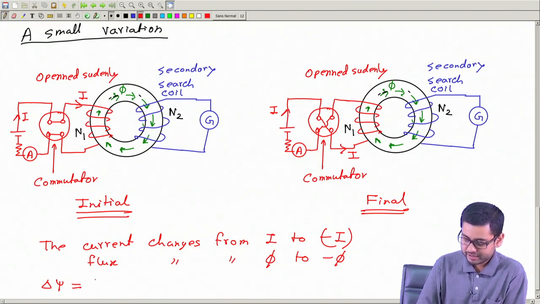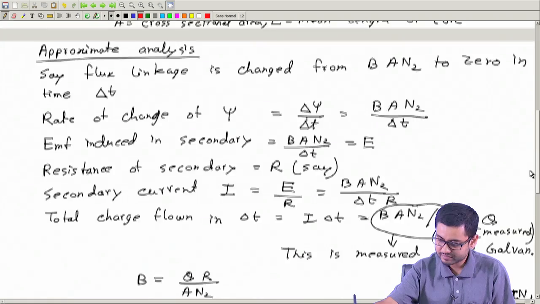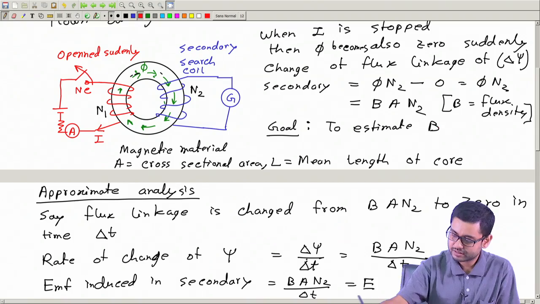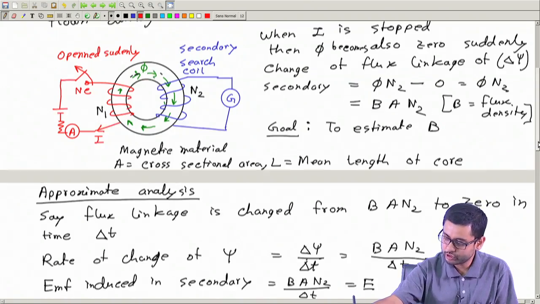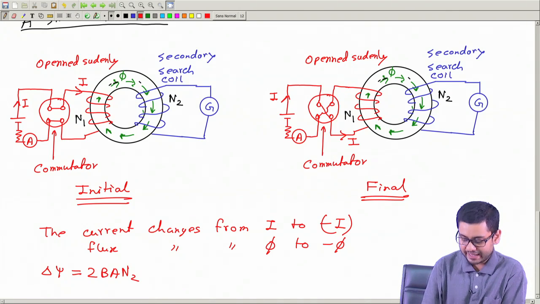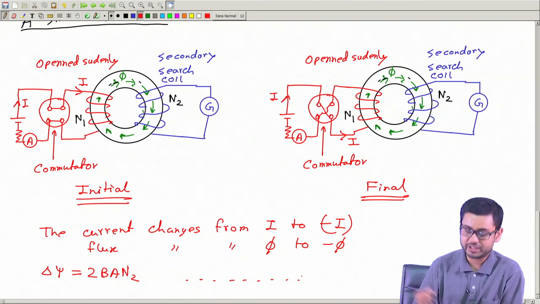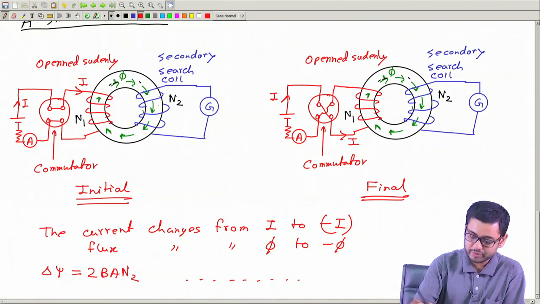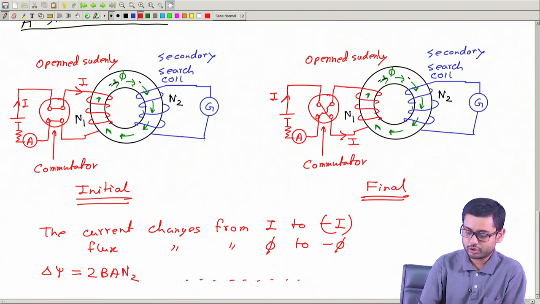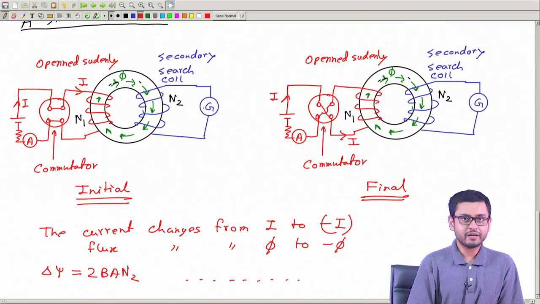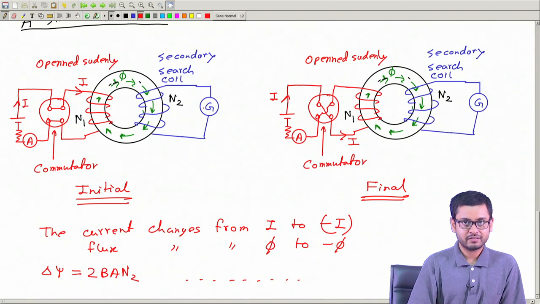Previously it was BAN2, now it will become 2BAN2, and then you can do the same calculation. But now you have more flux change, so definitely more EMF will be created, more current and more charge will flow, so the sensitivity of the measurement is increased. Okay. So, that is how we can measure flux density.